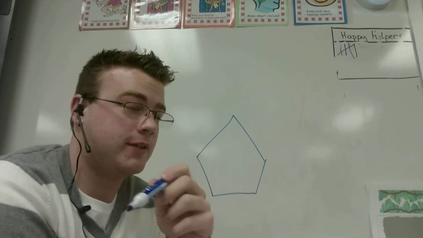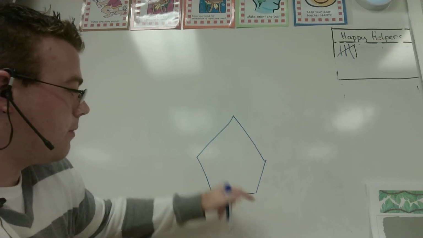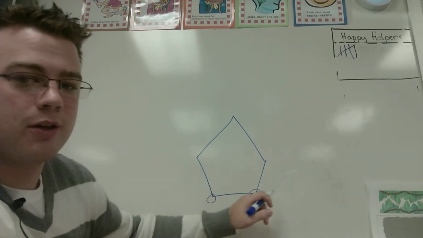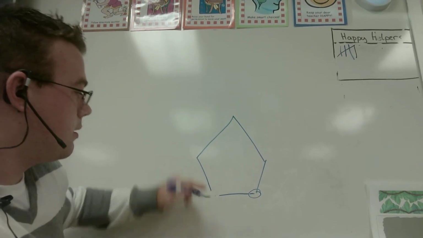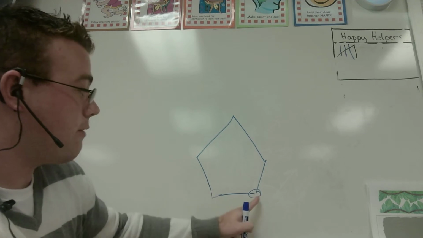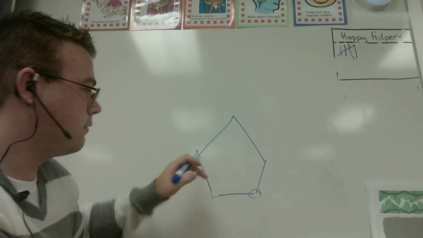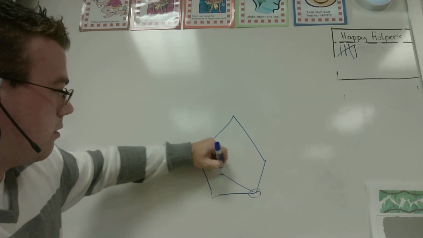Here's a vertex right here. I can't really connect those. My side is already there. But if I look at this vertex and this vertex and this vertex, I can connect them. Watch what I do. I draw a line right there. This is my diagonal.